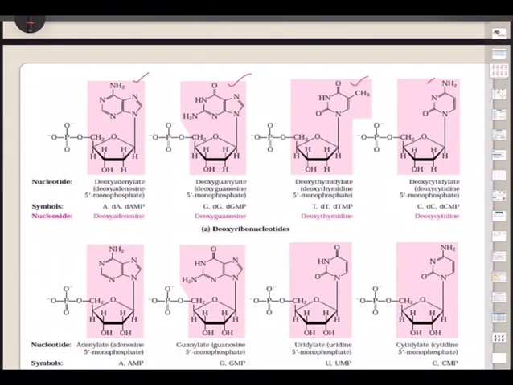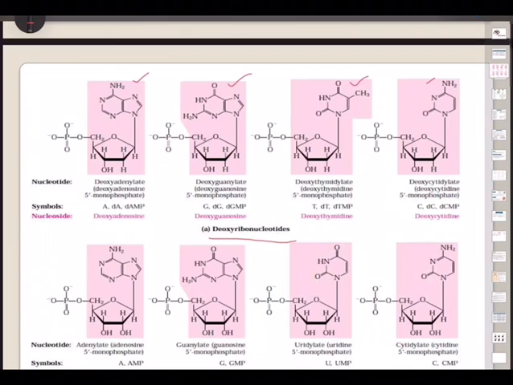And deoxythymidylate, thymine is the structure. Deoxycytidylate, cytosine is the structure. You can see here it is a double ring structure, and here it is a single ring structure. Similarly, these deoxyribonucleotides are all present in DNA.